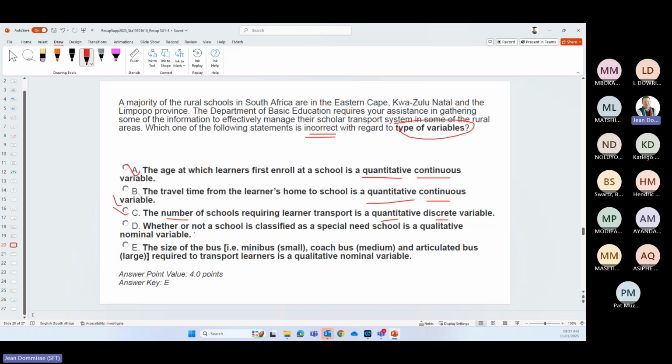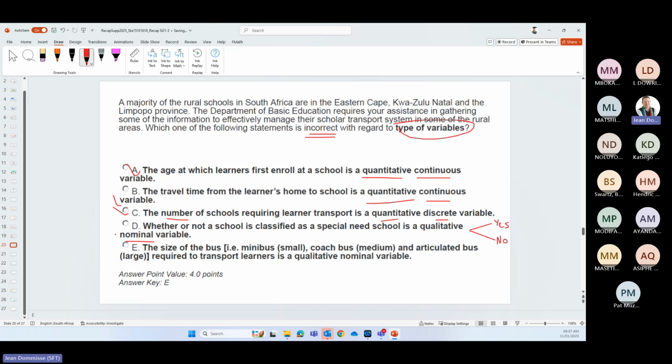Okay, whether or not a school is classified as a special needs school is a qualitative nominal variable. Okay, so the way it's classified is yes or no. So in that instance, it will be qualitative nominal.